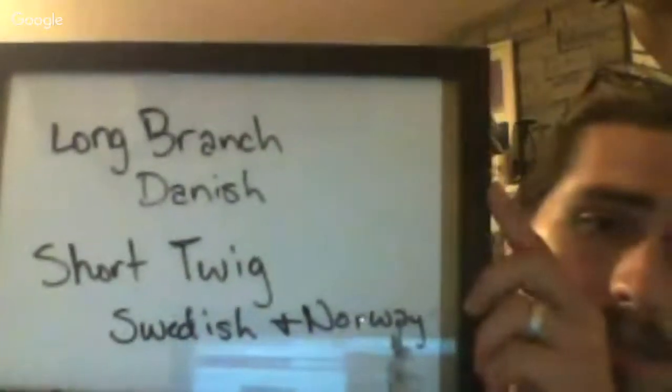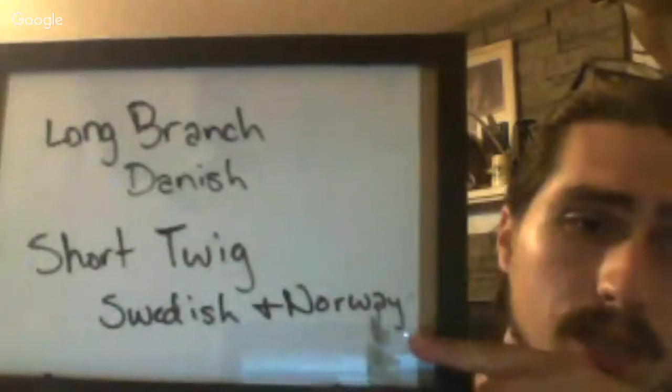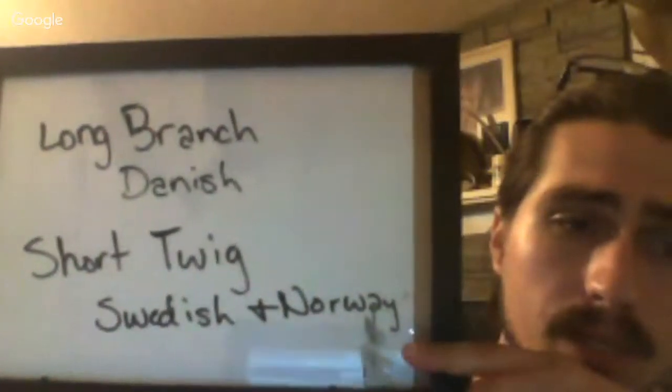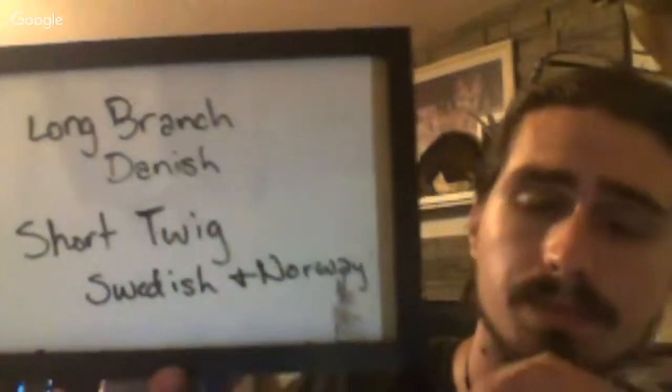The Danish primarily used the long branch, and the short twig is more prominent in Sweden and Norway. There is some speculation that part of the divergence between those two branches is what they were writing on primarily. So the long branch is more angular.